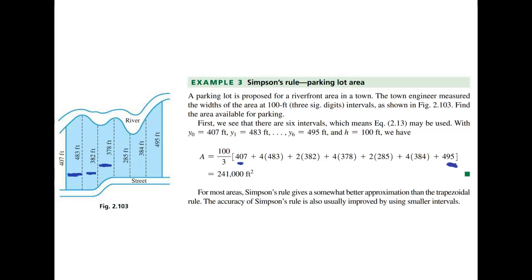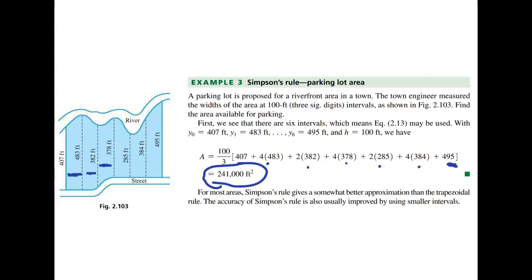We put h over 3, so 100 over 3, and then we start our multiplying. 4 times the next one, 483, 2 times 382, then 4 times 378, then 2 times 285, then 4 times 384. And when we do all this arithmetic, our final answer, our approximation, ends up being 241,000 square feet.